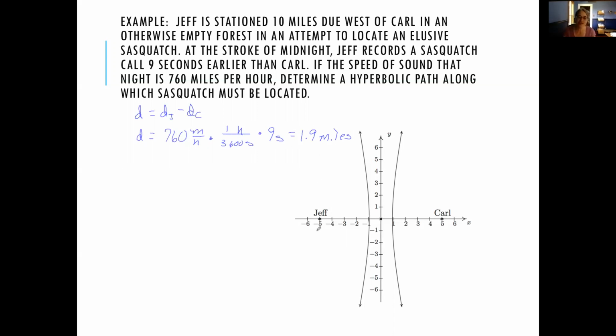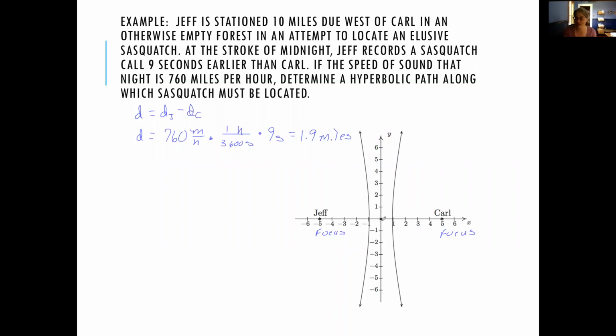Carl and Jeff are located at the foci. Now it's convenient to introduce an axis system here, and because we are defining this system, we get to put the axes where we want them. So we're going to put Carl and Jeff on the x-axis, and we're going to put the y-axis halfway in between them.